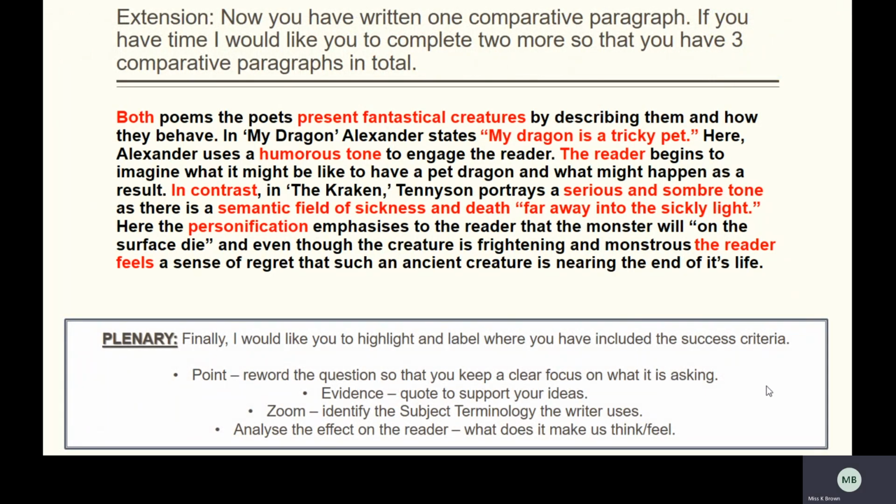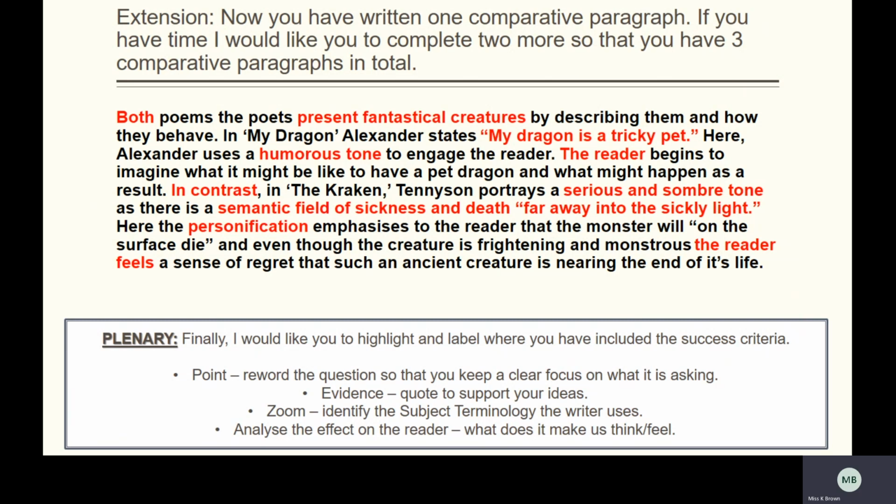Okay, ladies and gentlemen, very well done. You should have a paragraph which is like this one that I've just talked through. Now if you want to really push yourselves, because I know some of you are doing really fantastically well with your paragraphs: if you were writing a full essay, a full exam response, or doing an assessment, I would be asking you to write 3 comparisons in total.